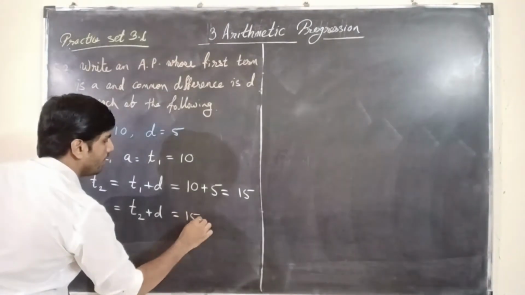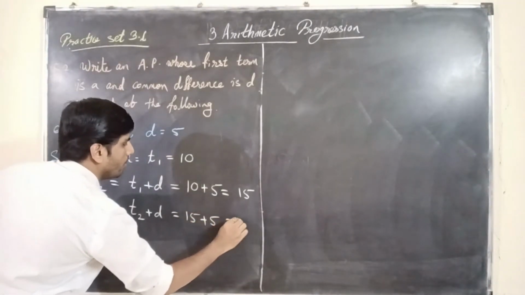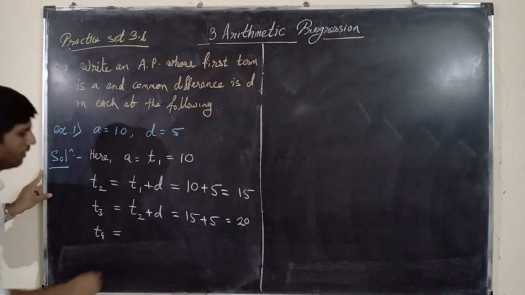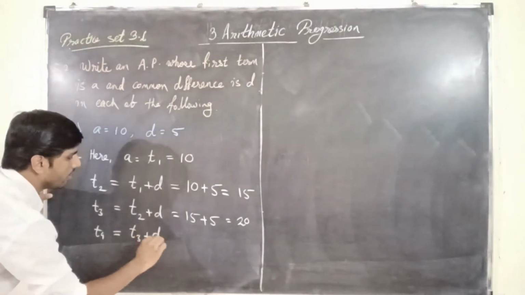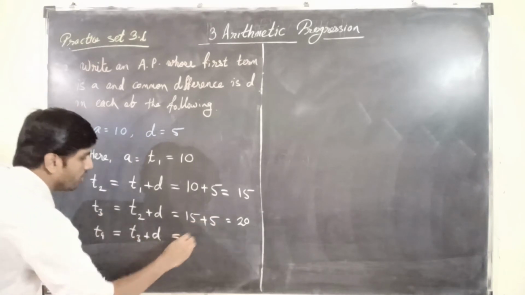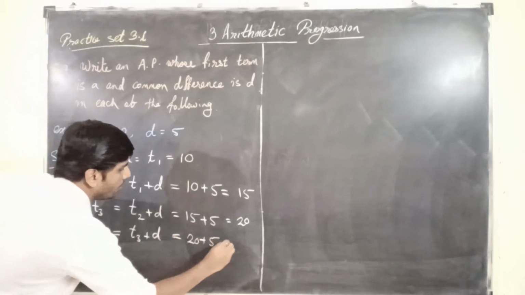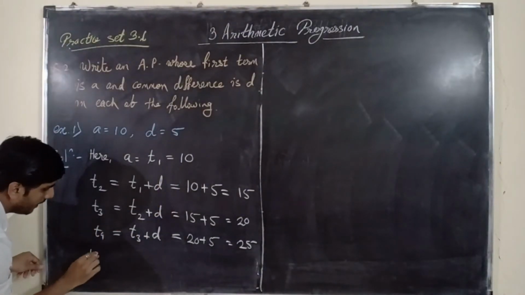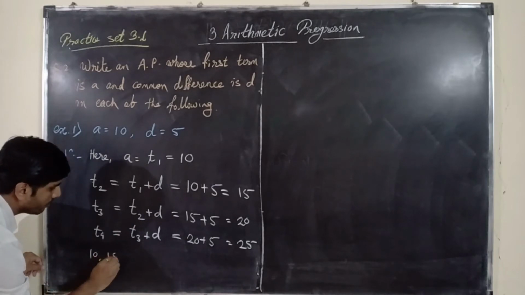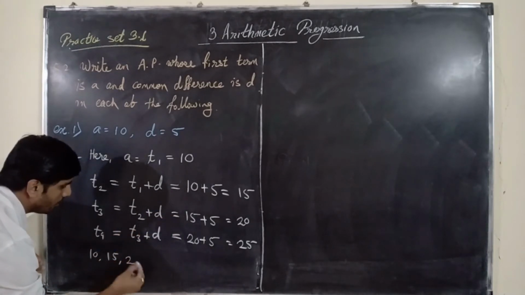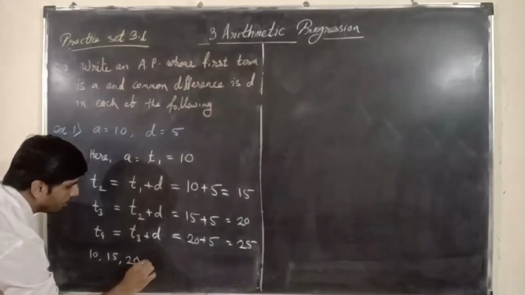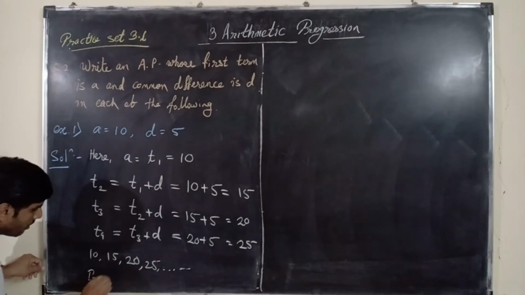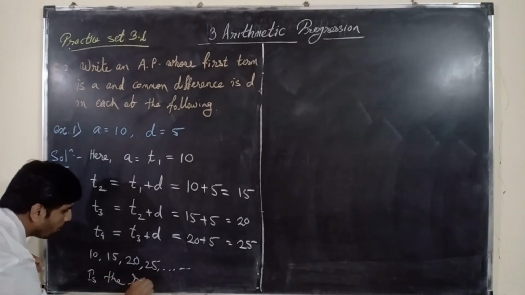So here we have 15 plus 5, which is equal to 20. Now here t4 is again t3 plus d, which is t3, 20, plus 5. So this will become 25. Therefore, first term is 10, second is 15, third is 20, fourth is 25, and so on is the required arithmetic progression.